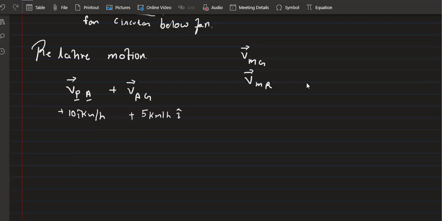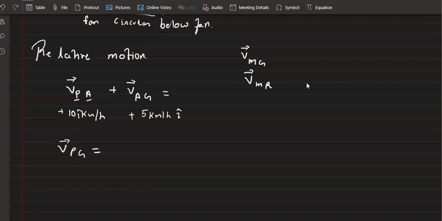What will be the velocity of Prahlad with respect to ground? Tell me. Yes, Prahlad? Very good. Think about this. Satvik, it's wrong. Yes, Abhay, correct. Yes, Yashila, very good.